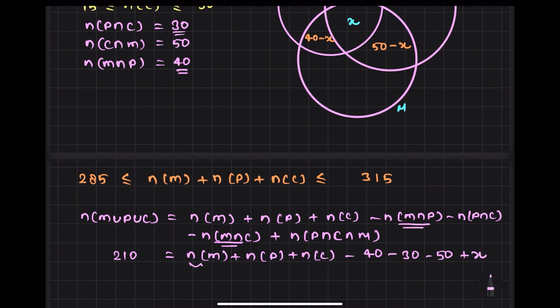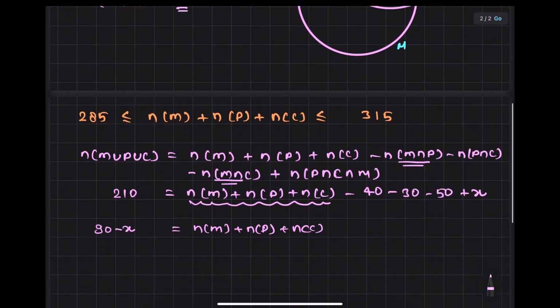So can I find the value of this? It would be 120. Oh wait, a moment. It is 90 minus x is equal to n of maths plus n of physics plus n of chemistry.